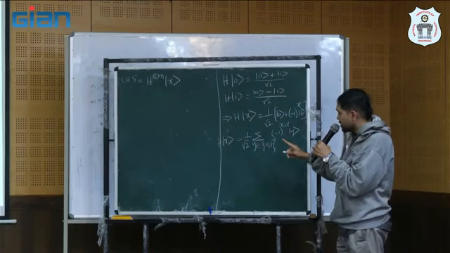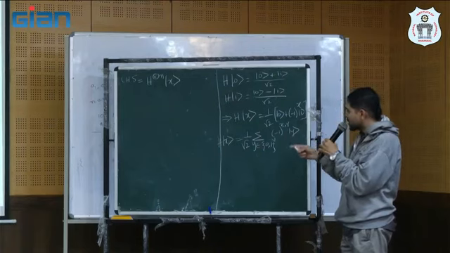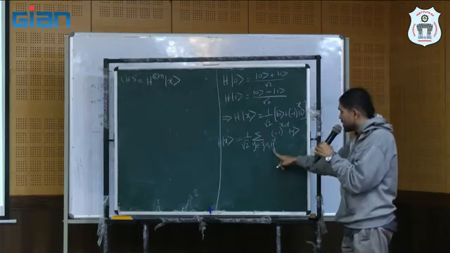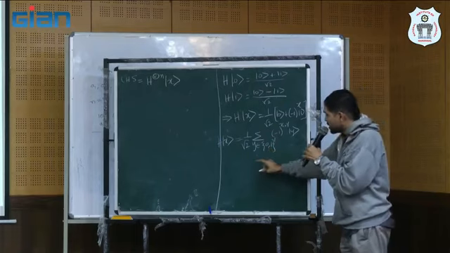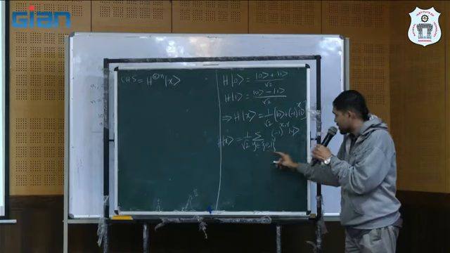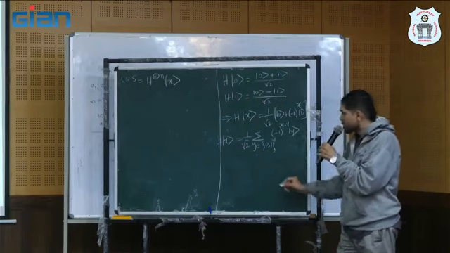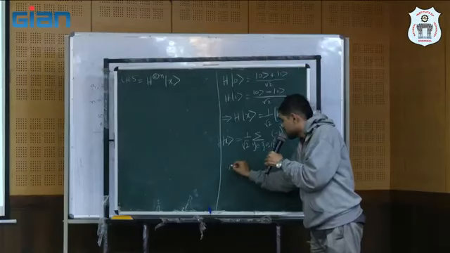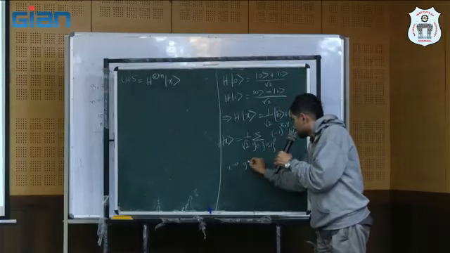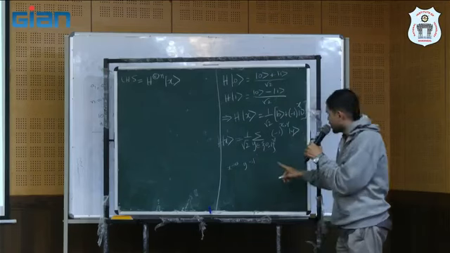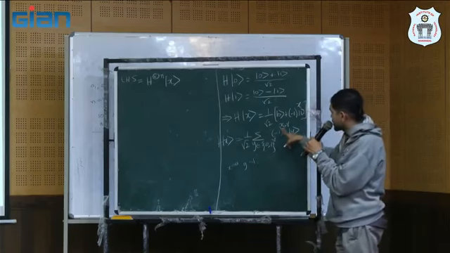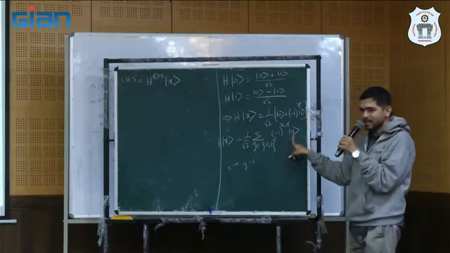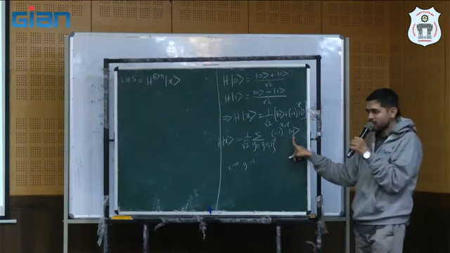For x is 0 and y is 1, this dot product will again be 0. So we will have plus only here. Do you see that?